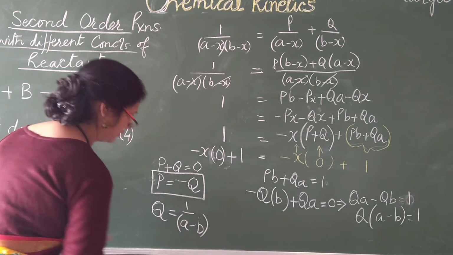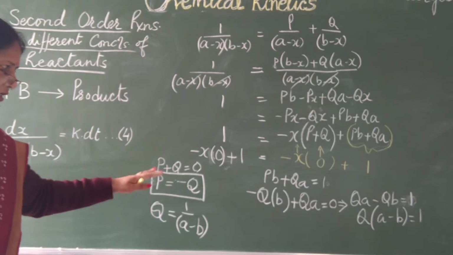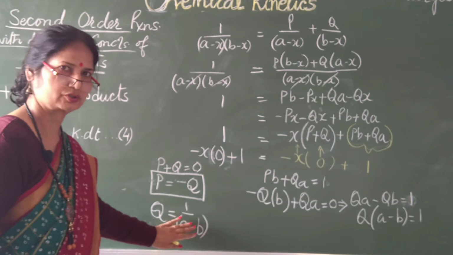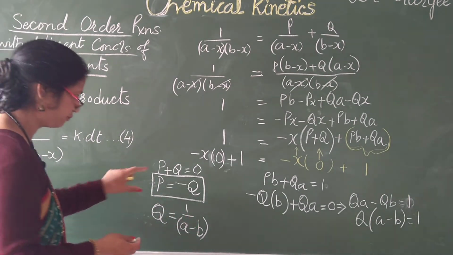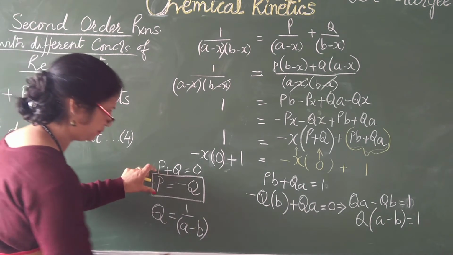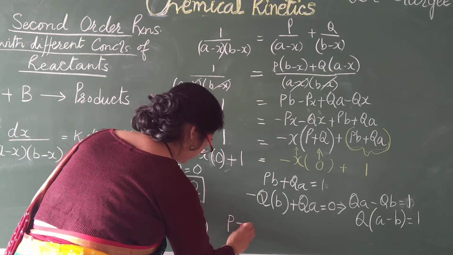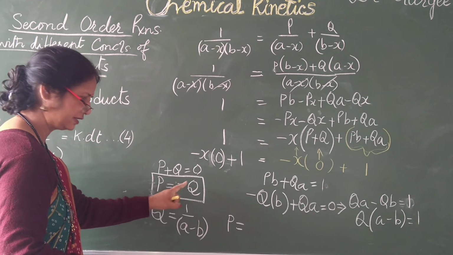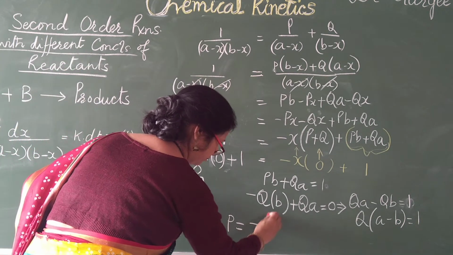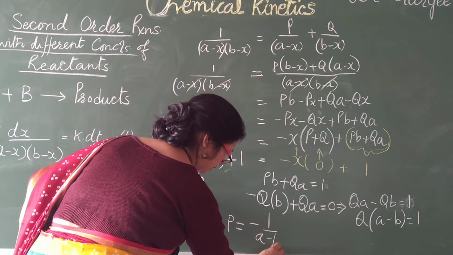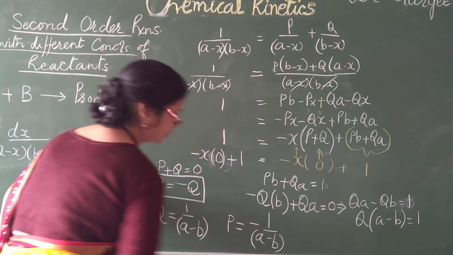Now we have the value of p, and we have the value of q also. If this is the value of q, then what will be the value of p? From here we will get the value of p. p will be equal to minus of q, and that will be minus of 1 upon a minus b.